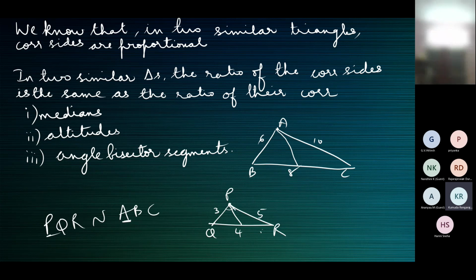So if you take the median from vertex P, you must take the median from the corresponding vertex A. And the ratio of the corresponding sides is 1 by 2, so the ratio of the corresponding medians will also be 1 by 2.